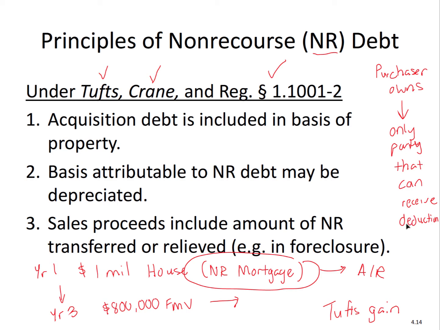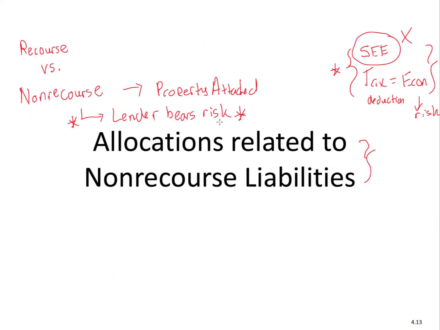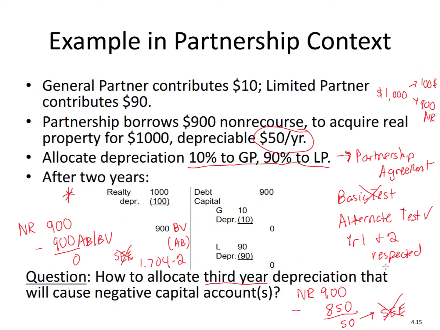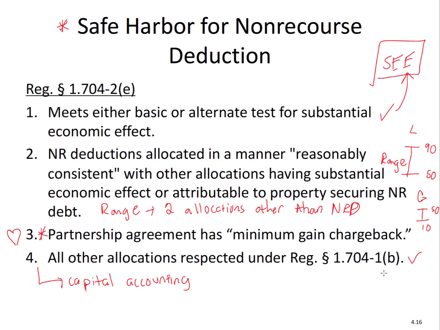The lender cannot, even though the lender bears the risk. So when Congress is drafting these rules, it says we're going to allow extreme flexibility. The NRD rules are extremely flexible. They allow for a lot of flexibility.